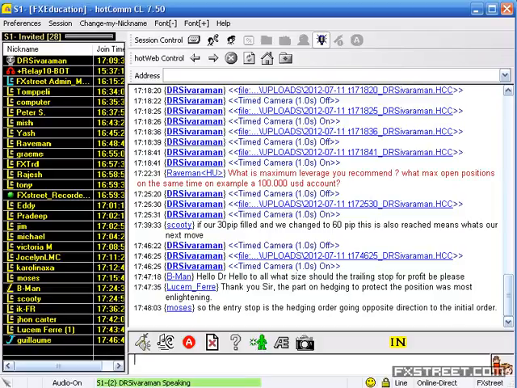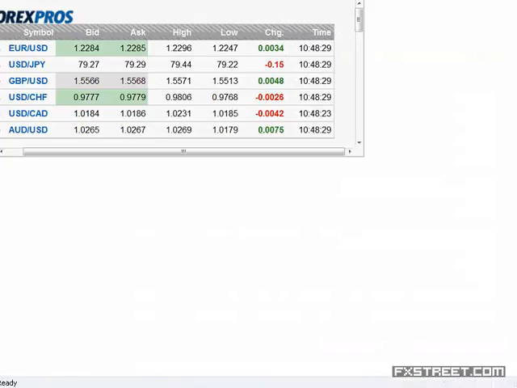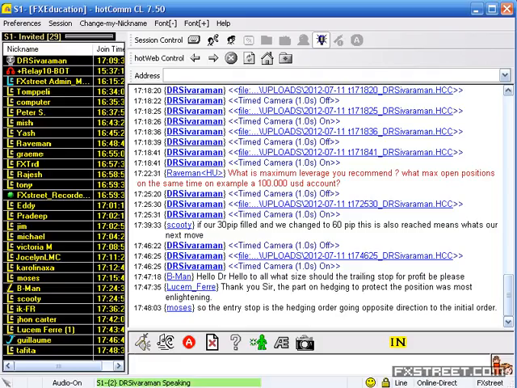Then later on you realize when the market goes against you about 300 pips, all the positions are making loss, and every position will be taking $10 for 1 pip. So 10 positions, $100 for 1 pip move on the downside, and your 100K account will go in for margin call.